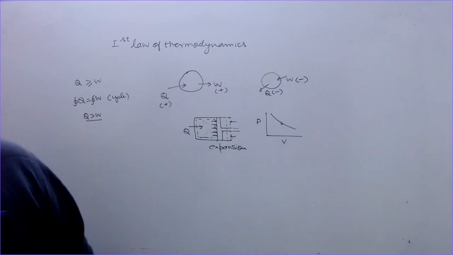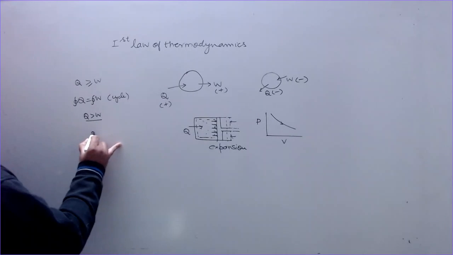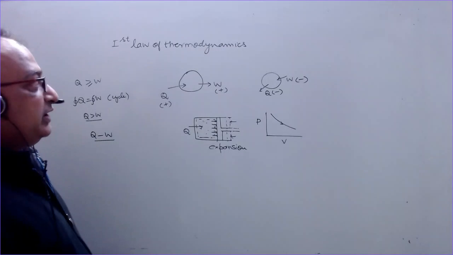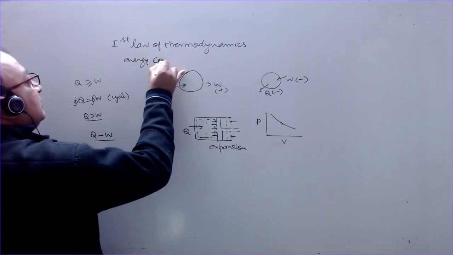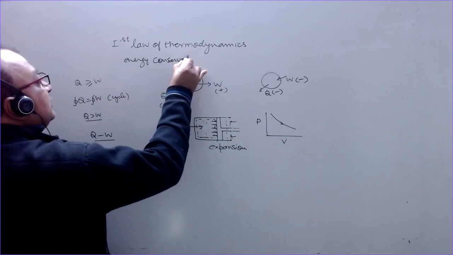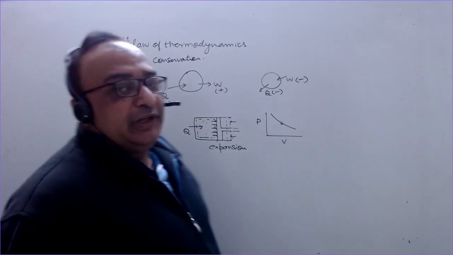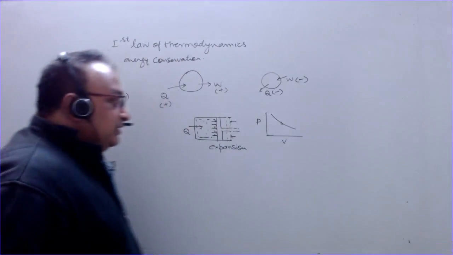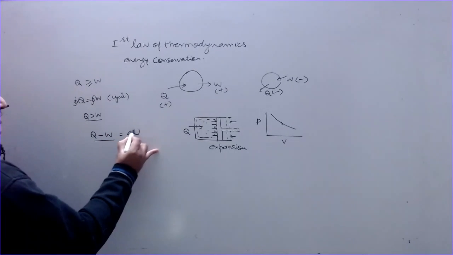This is the question. This answer is provided by the first law of thermodynamics, that the difference Q minus W, because this is the law of energy conservation, that energy can neither be created nor be destroyed, only its form can be changed. So the difference Q minus W is stored in the system in the form of change in internal energy.